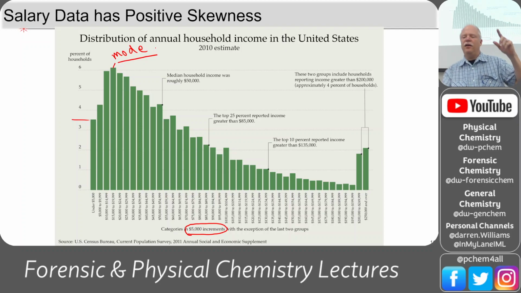The highest value in a histogram, the tallest frequency, that's the mode of the distribution. And then the median is the middle value. So if you were to rank all of these incomes from low to high, and you go right to the middle one, that's the median.